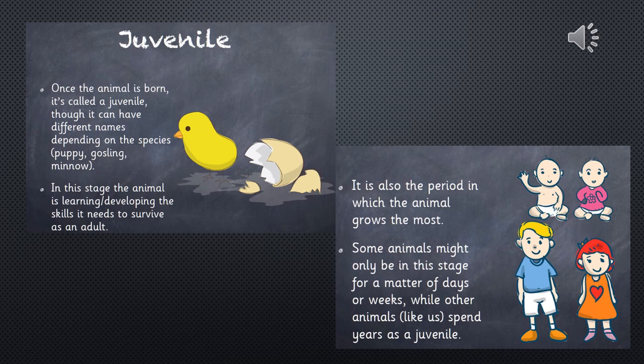And then we become teenagers. And then we become adults. And even as adults, we still grow and change. And then eventually we become seniors, where we start slowing down our bodies again and we stop being able to have babies.